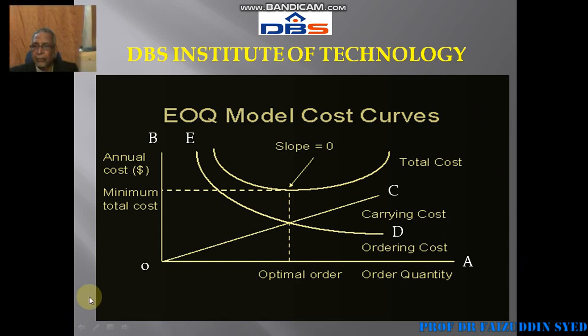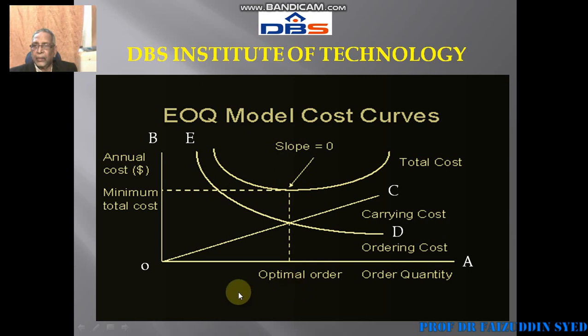Now you are going to see the EOQ model cost curve. This is a graph drawn on the basis of the annual cost and the order quantity, from which the optimal order is obtained.